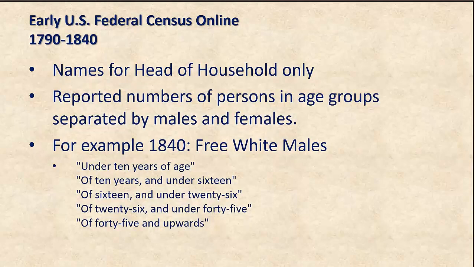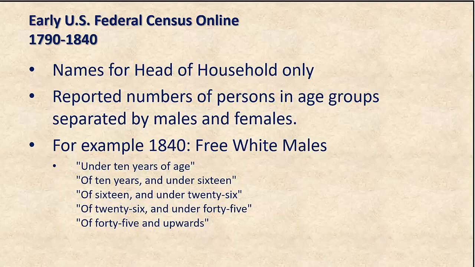The 1840 census in this example shows free white males, and each column has these different age groups: under 10 years of age, of 10 years of age and under 16, of 16 and under 26, of 26 and under 45, of 45 and upward.